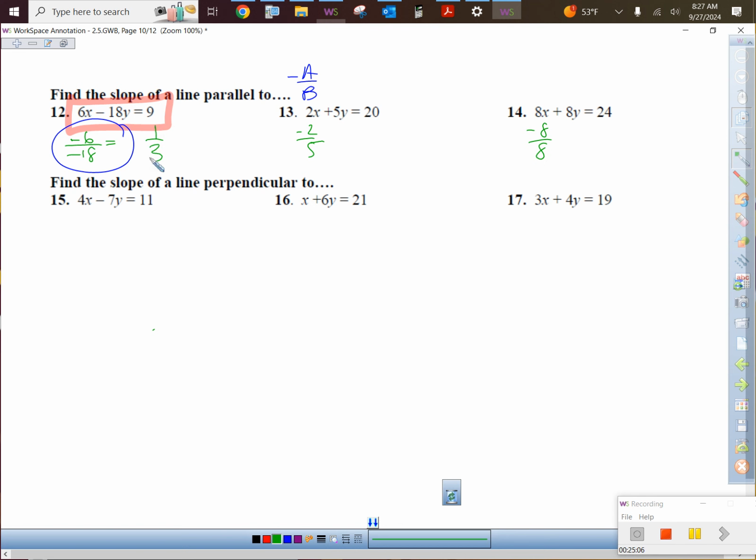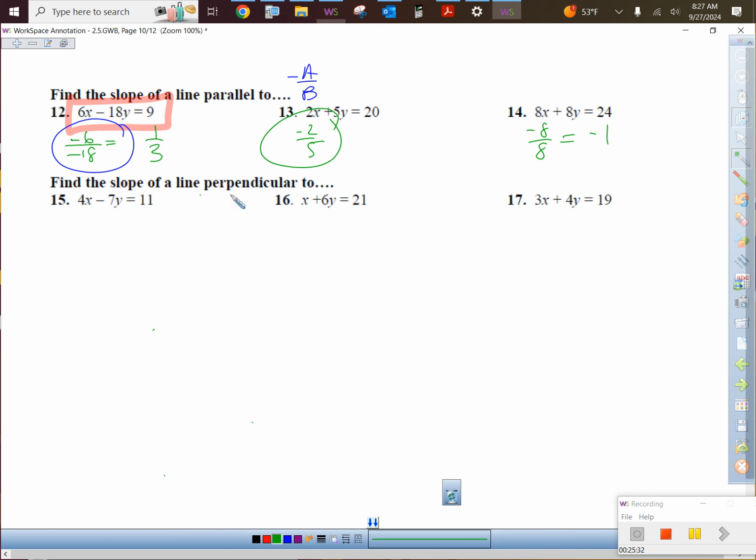Are we cool with that guy? Keep it or take its opposite reciprocal? Keep it. The P word is parallel. Parallel lines have the same slope, so I'm keeping it. This guy does not simplify, so keeping it. This guy definitely simplifies. What's negative 8 divided by 8? Negative 1. Cool?